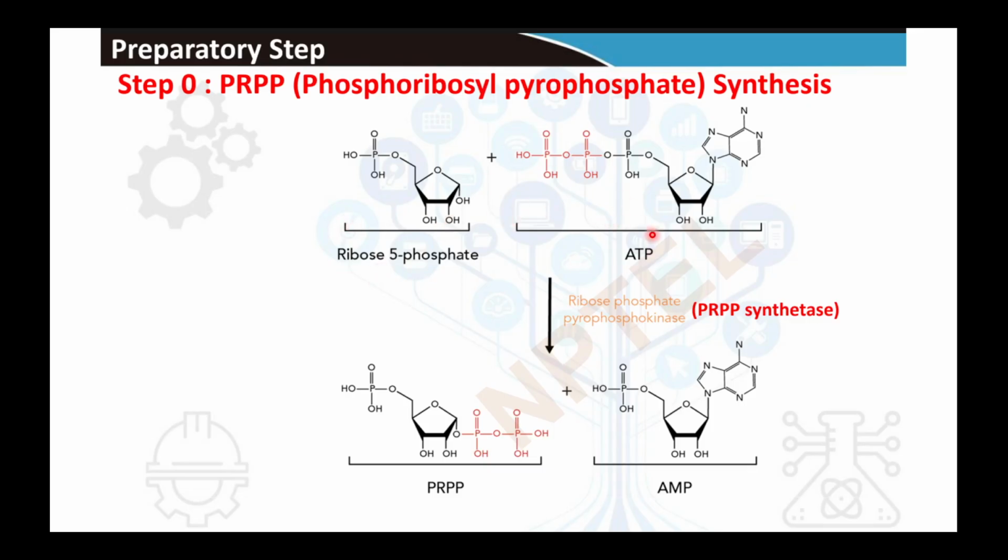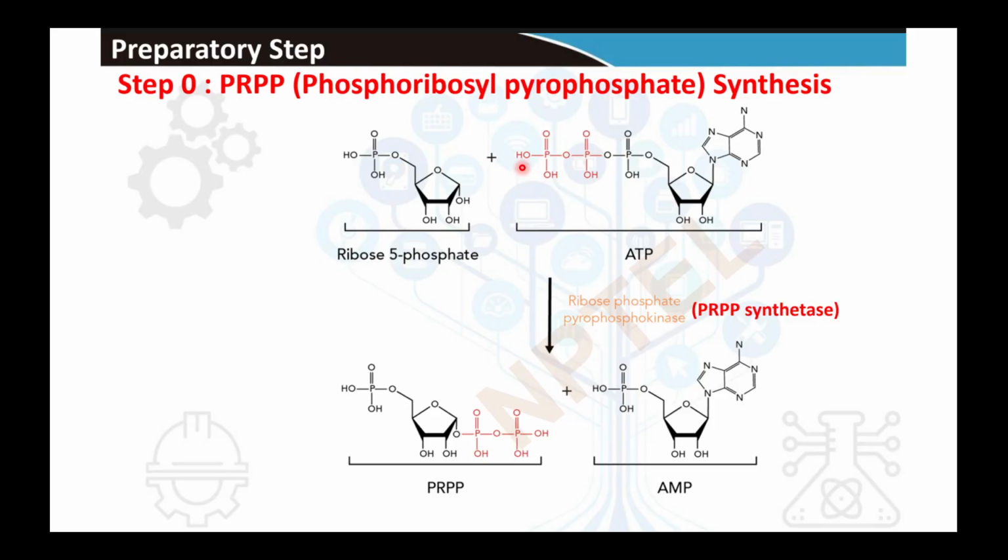So ribose 5-phosphate and ATP together form phosphoribosyl pyrophosphate and AMP, because pyrophosphate will be removed from ATP. So ATP will be converted to AMP. The enzyme responsible for this reaction is ribose phosphate pyrophosphokinase.